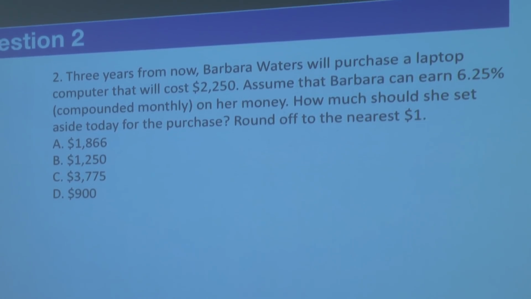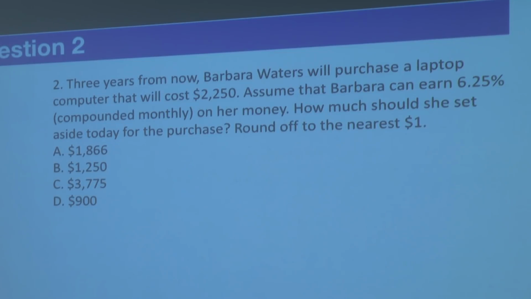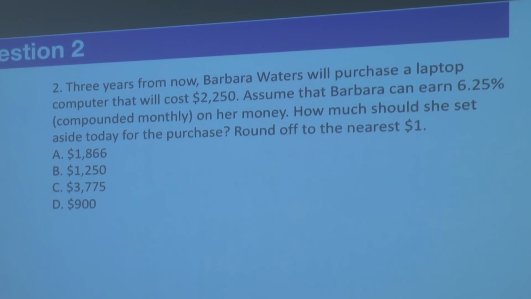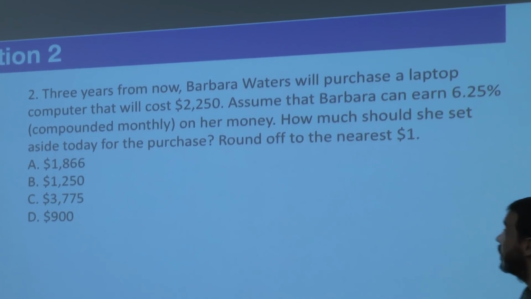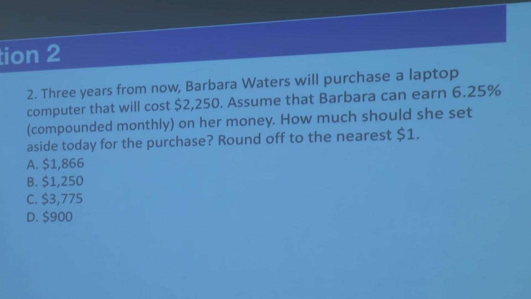Okay, 3 years from now, Barbara Waters will purchase a laptop computer that will cost $2,250. Assume that Barbara can earn 6.25% compounded monthly on her money. How much should she set aside today for the purchase? So this is a present value question, right?